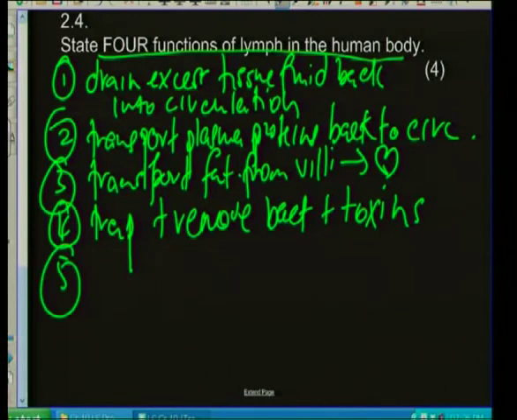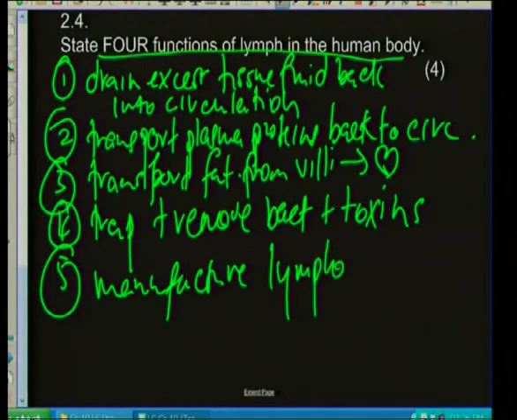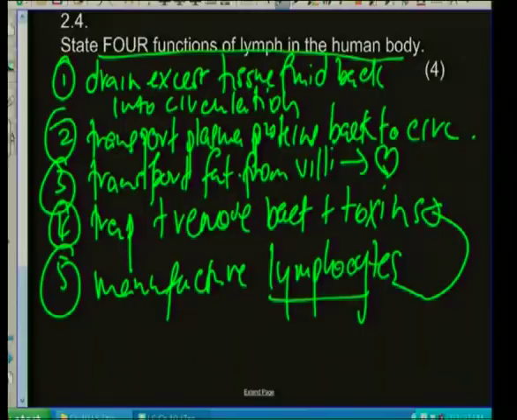And 5 was to manufacture lymphocytes. This function here would be related with the one above as well. So those are the functions of the lymph in the human body.